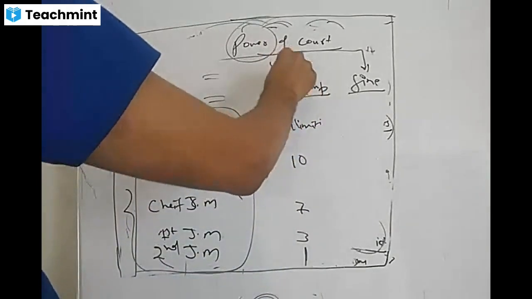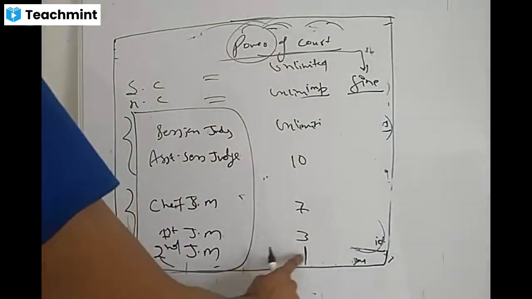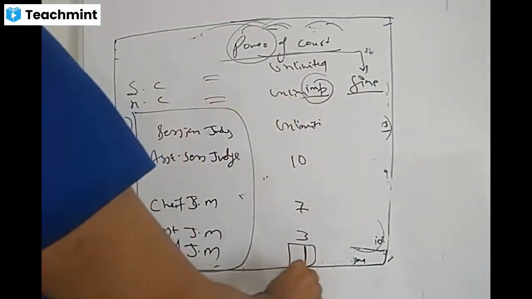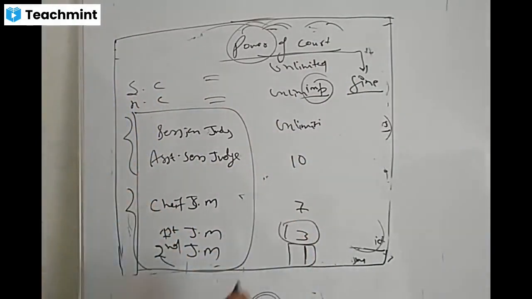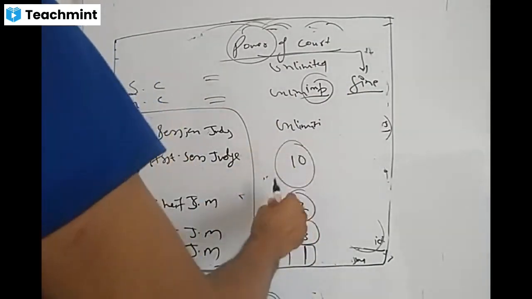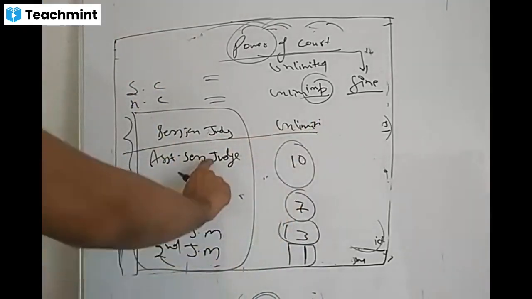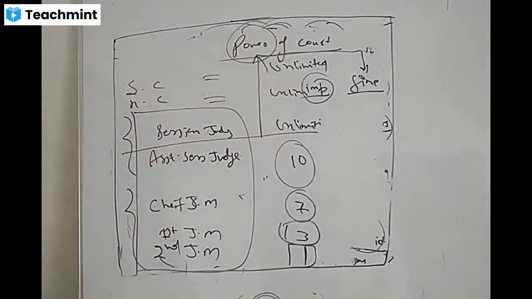The power of a second class judicial magistrate is to provide imprisonment of 1 year. Then the first class will give imprisonment up to 3 years. Then 7 years, 10 years. And above this level, they have the power to give unlimited imprisonment: 10 years, 12, 15, 20, 25 years, anything.